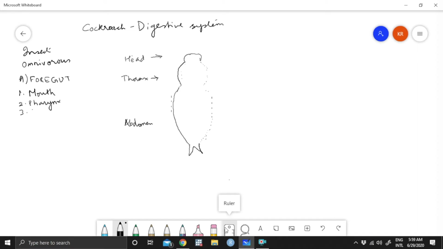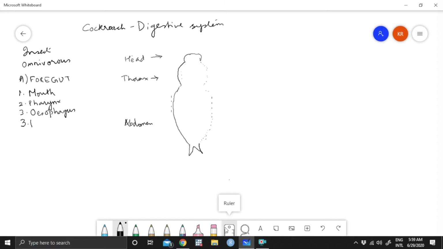Three, it will contain esophagus. And at the pharynx itself there will be salivary glands, which I will write at the end. Now the esophagus dilates into crop, so I am putting it as 3.1.